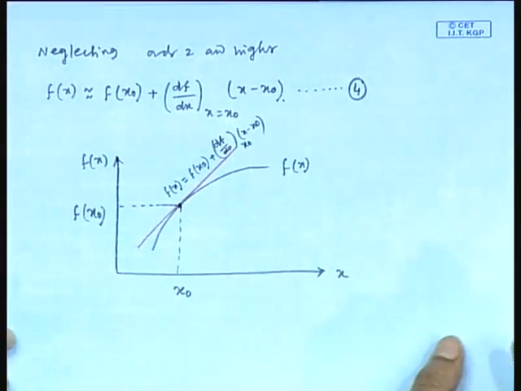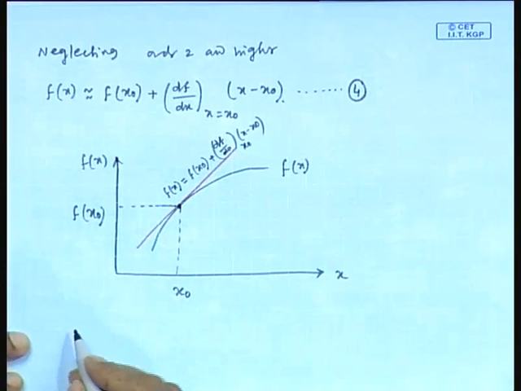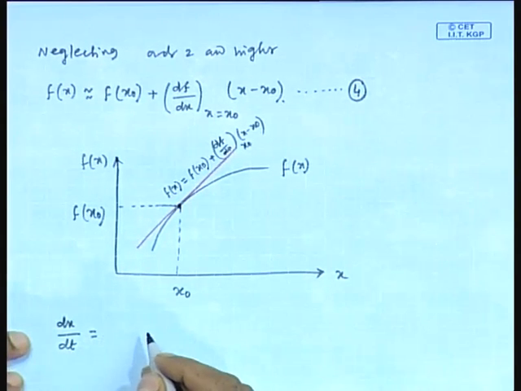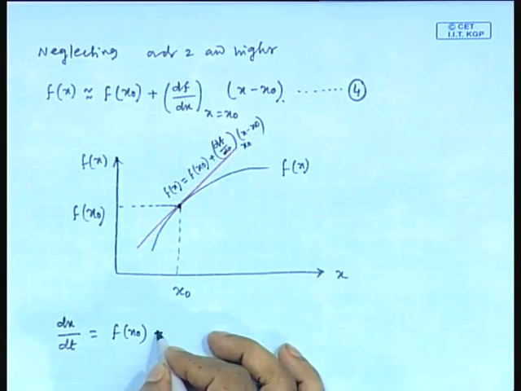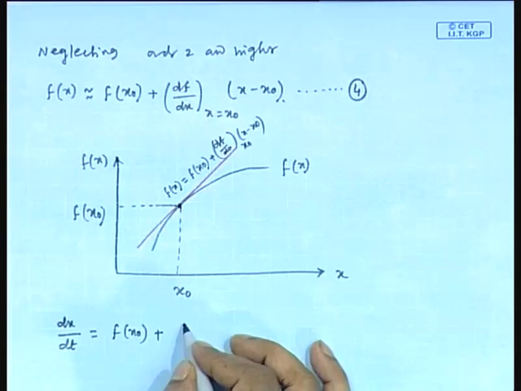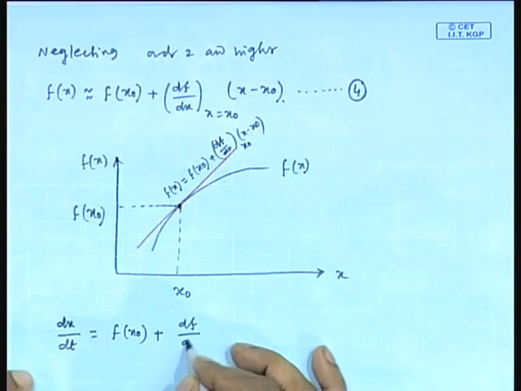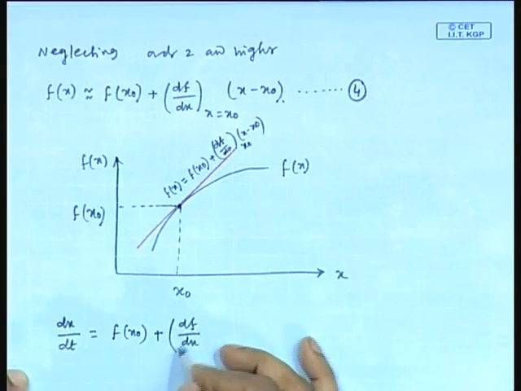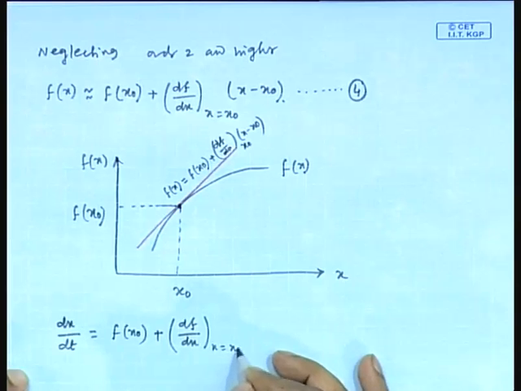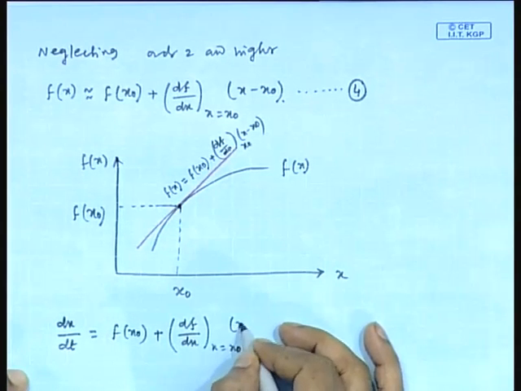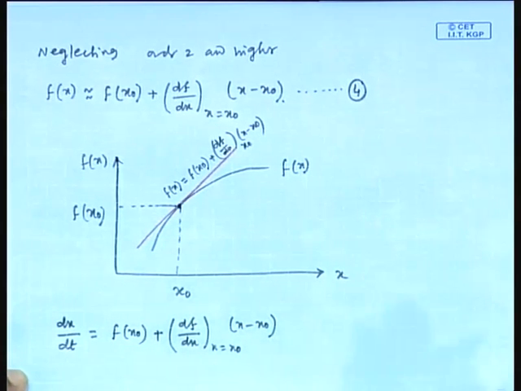Now, we can write equation 4 this way also, dx dt equals to f x naught plus df dx at x equals to x naught, x minus x naught, because f x equals to dx dt, that is our equation number 2.